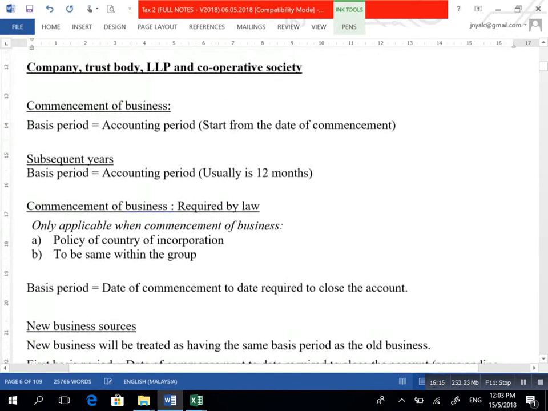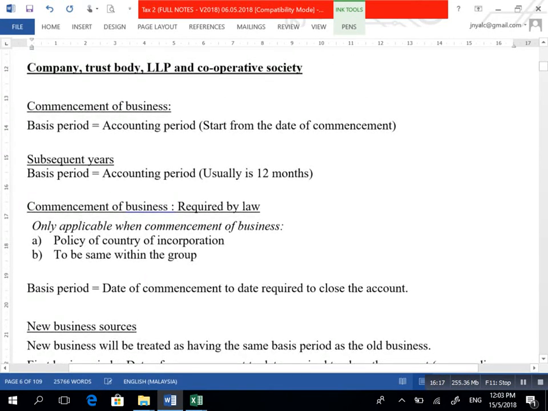So can you see the first one is commencement of business? They already give you a standard ruling here. When a company just starts up a business, the first basis period, you must always follow this, based on the accounting period, but must start from date of commencement, not date of incorporation.